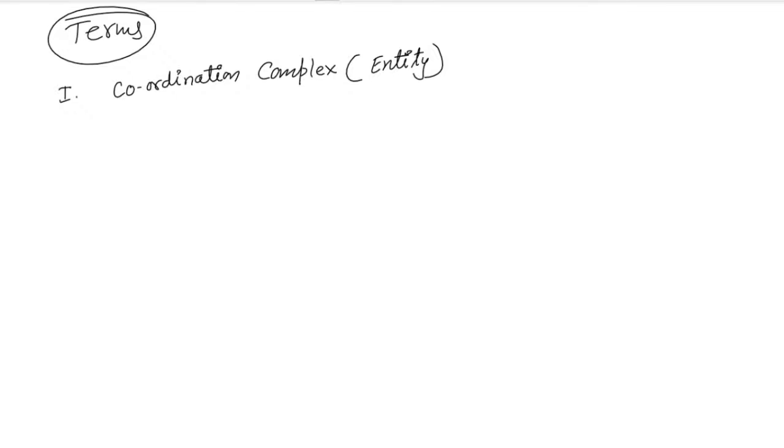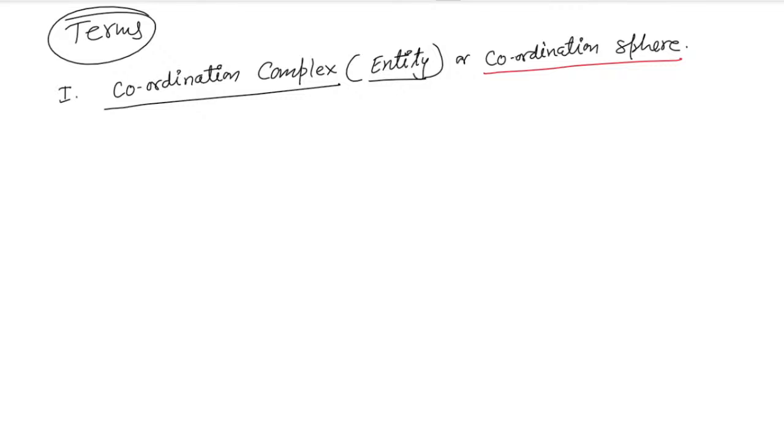Okay, coordination complex. So coordination complex or entity, that is the species enclosed in square bracket. It is also called coordination sphere.